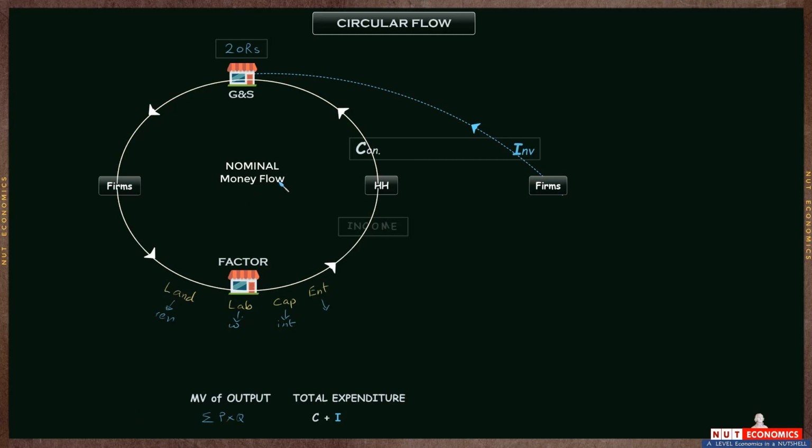Now, all of this allows us to get to our first major insight that we need to get out of the circular flow.